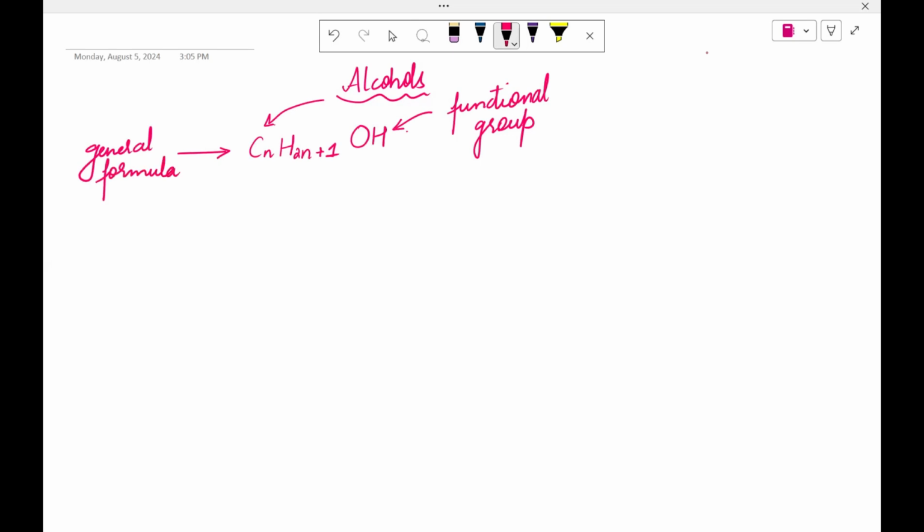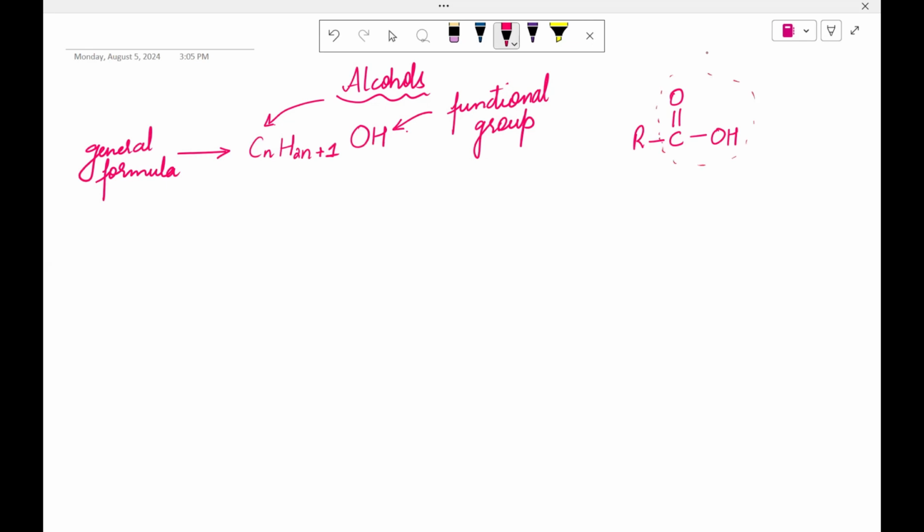Okay, so let's move further. Do you know this formula, R-C double bond O-OH? Do you think this is also an alcohol? No. Is it an aldehyde?